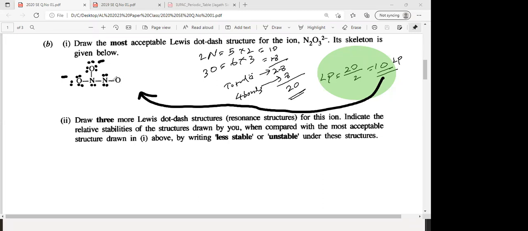Why? Because nitrogen is less electronegative. But if you want, you can go for the resonance. You can put on oxygen also, no issues. After that, this is also good.